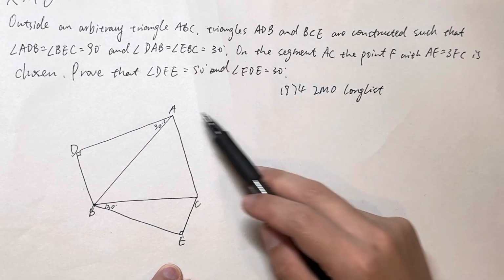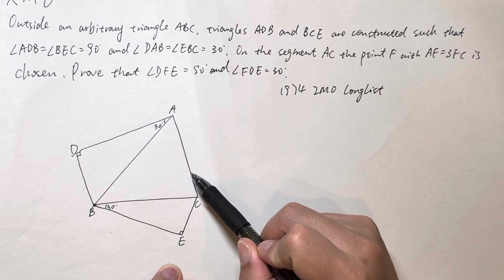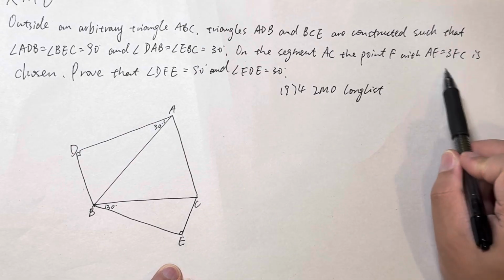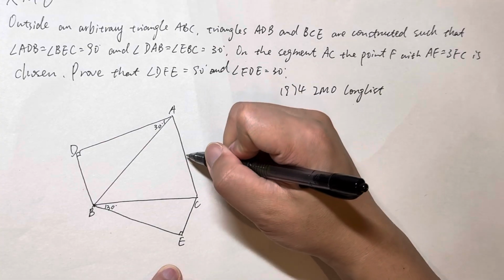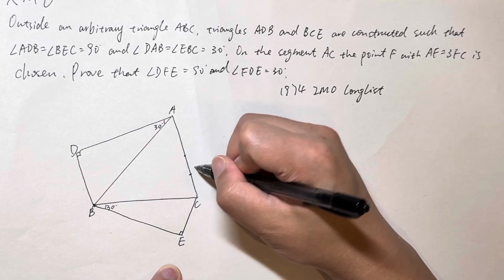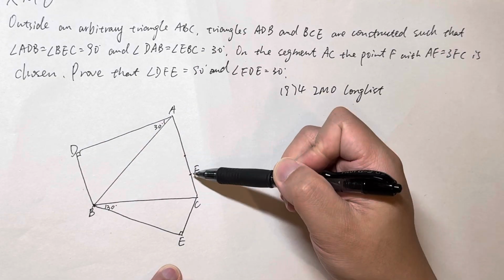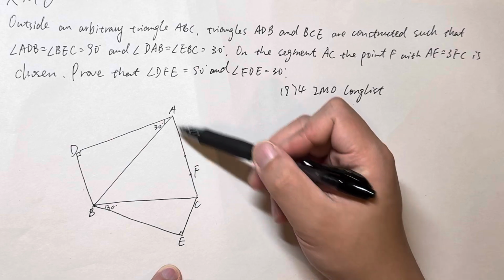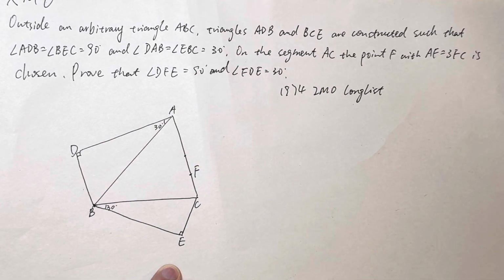On the segment AC, the point F with AF equals 3 times FC is chosen. So that means this is not the midpoint of AC; this F is a quarter point of AC, so that we have AF equals 3 times FC.